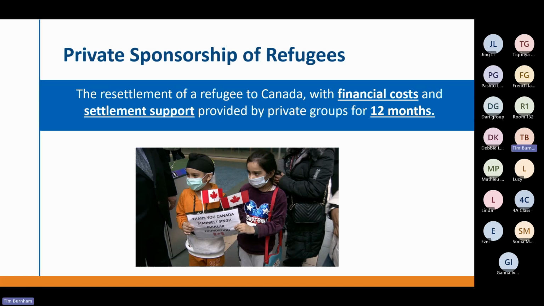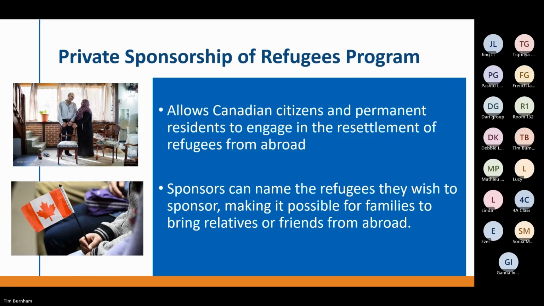With private sponsorship of refugees, it's Canadian citizens and permanent residents who provide the cost and the settlement support. So private sponsorship allows Canadian citizens and permanent residents to engage in the resettlement of refugees from abroad.